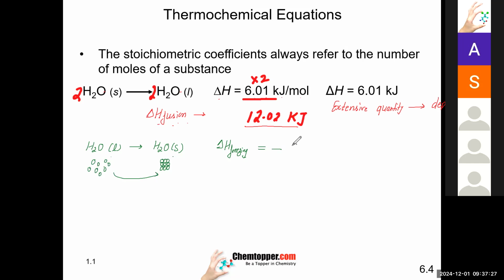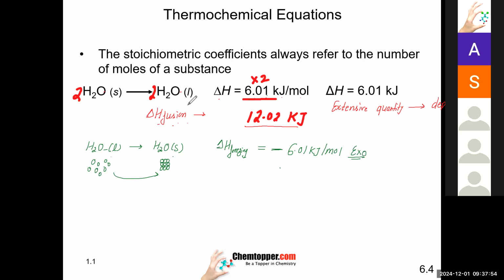Yes, Krisha, very good. 6.01 kilojoules per mole. Magnitude remains the same because the material is the same. There's no change in the chemical formula, chemical composition. So the material is the same, so its magnitude will also be the same. But here it is needed and here it is released. The process is exothermic.